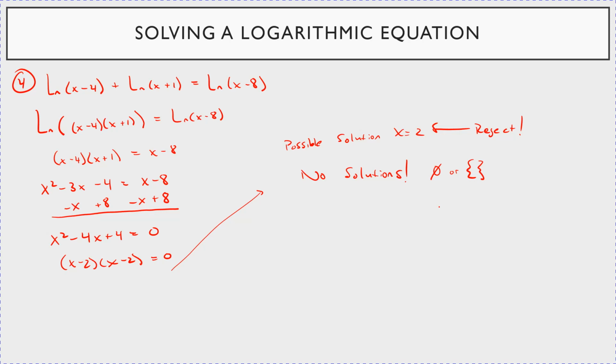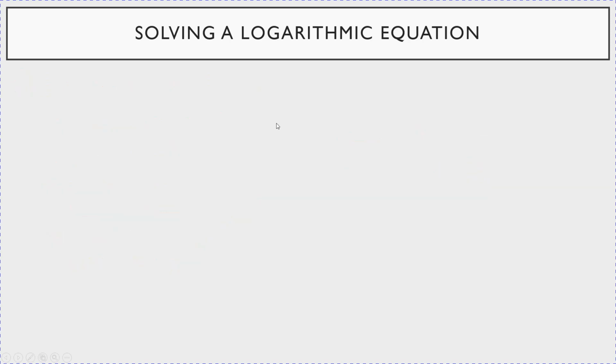Okay, we've made it. Let's do one last problem here. Let's look at the natural log of x minus 2 minus the natural log of x plus 3 is equal to the natural log of x minus 1 minus the natural log of x plus 7.